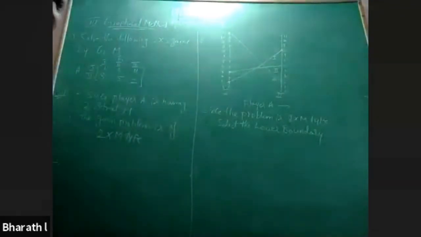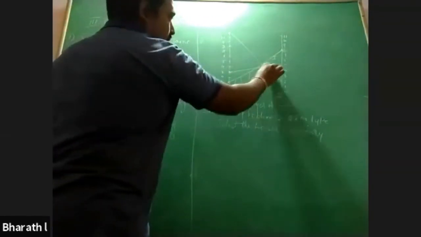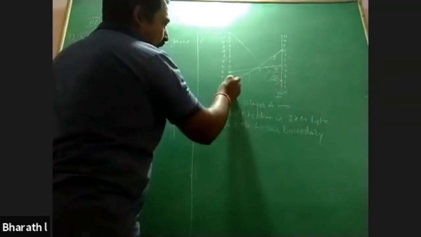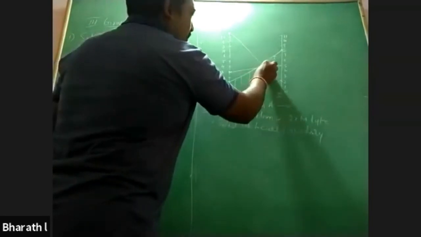That is the boundary. You need to highlight all the corner points or intersection points. Here we get one intersection point.